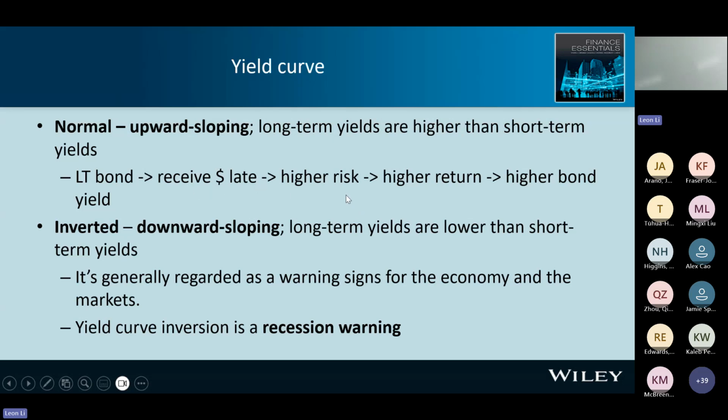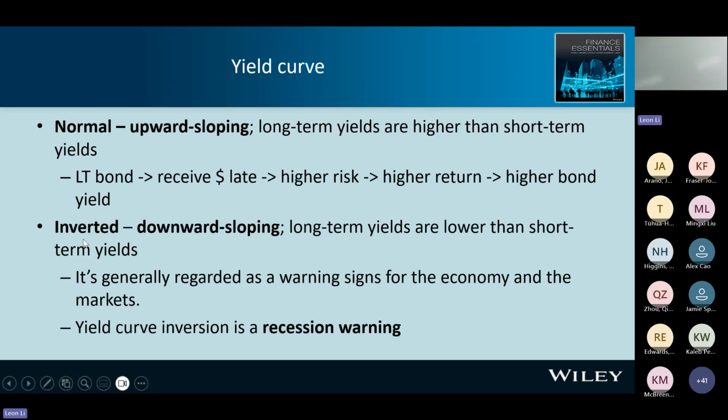I have higher risk. Therefore, I will require higher return, higher bond yield. So it's normal. A long-term bond will have a higher bond yield than a short-term bond, right?